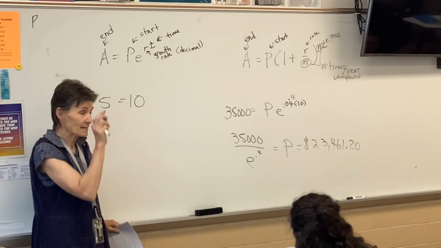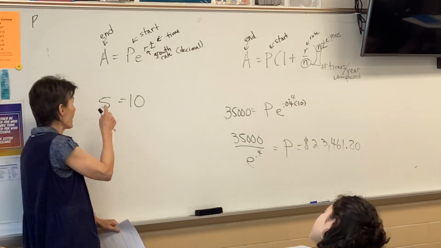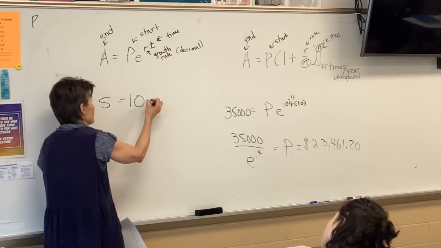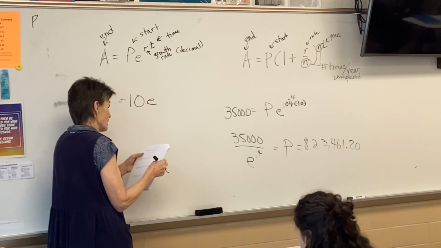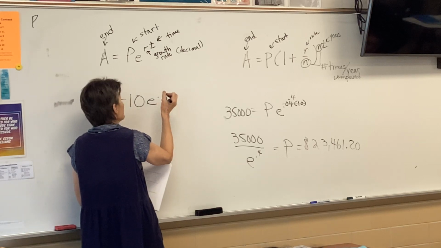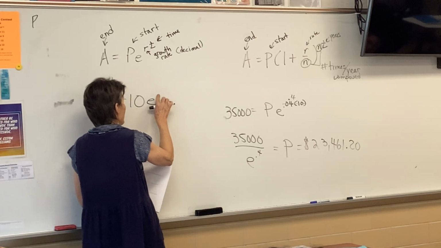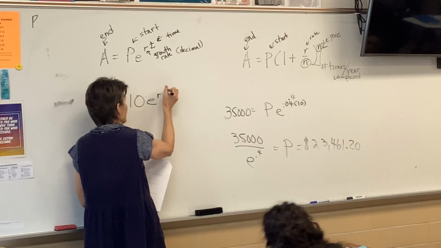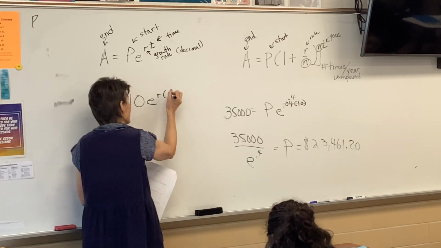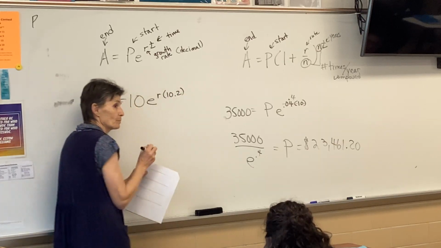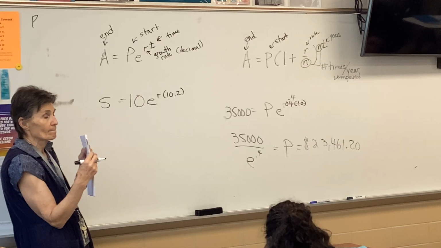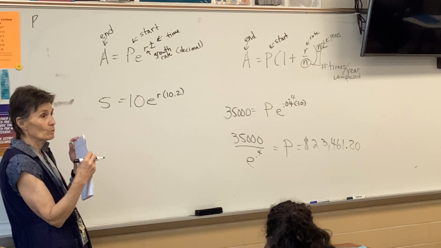Pick a number, that's how much I'm starting with. I have to end up with half of it. I don't know what my r is, but I know my time is 10.2. Would you agree with that?